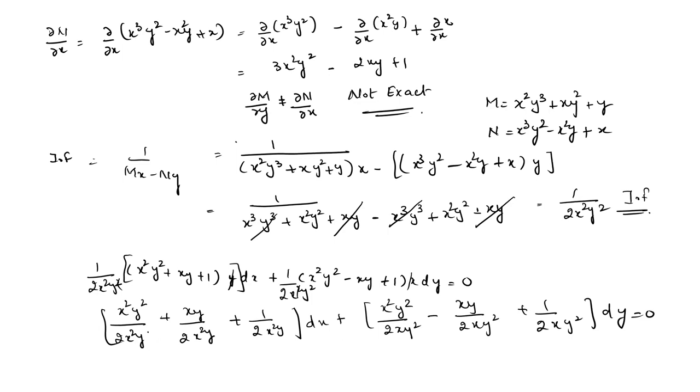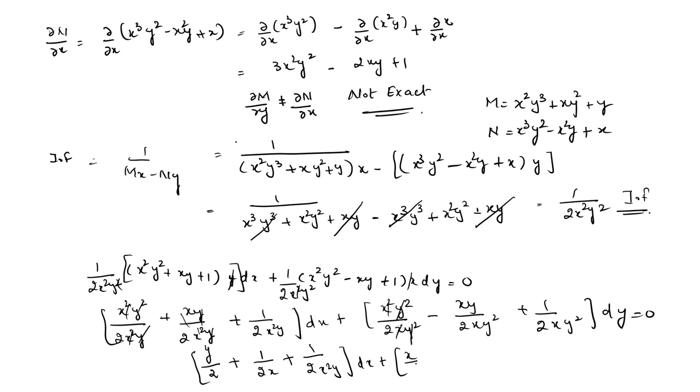Now if we further solve it, these should be cancelled out. You will be left only with y by 2, plus this cancels out, that is 1 by 2x plus 1 by 2x square y dx. After that, this cancels out.